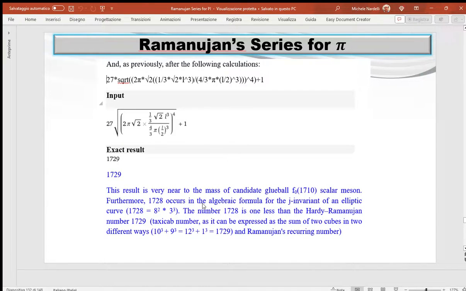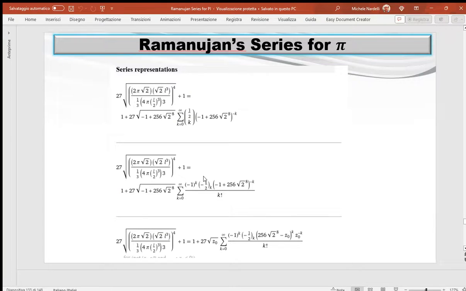That is principally the Hardy-Ramanujan number and a Ramanujan recurring number. Also here we obtain the series representations.